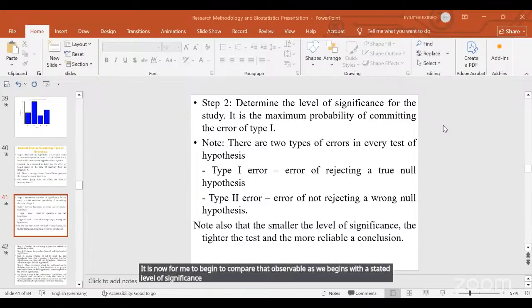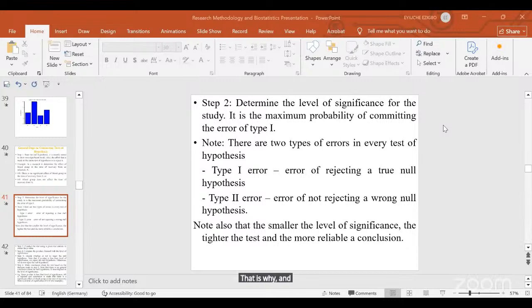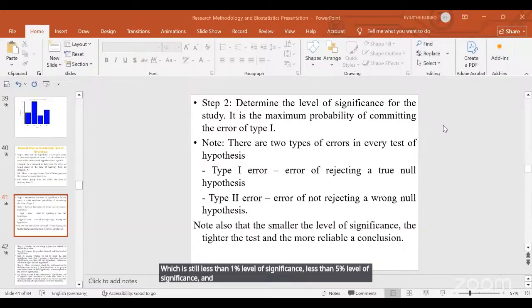So that is why I may begin to say that if maybe I got a p-value of 0.0012, which is still less than 1% level of significance, less than 5% level of significance, I will conclude that the test is significant both at 1% level of significance and 5% level of significance. Do you understand?